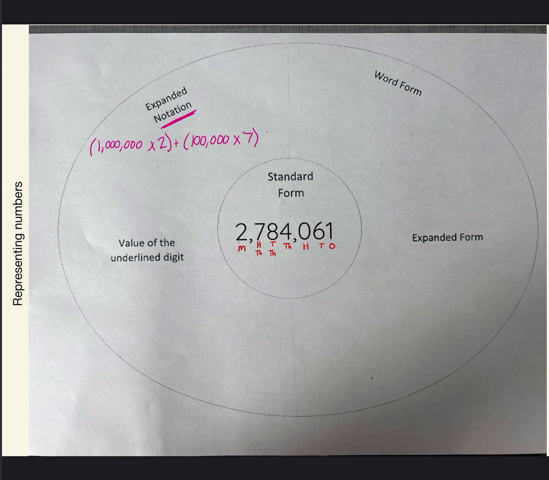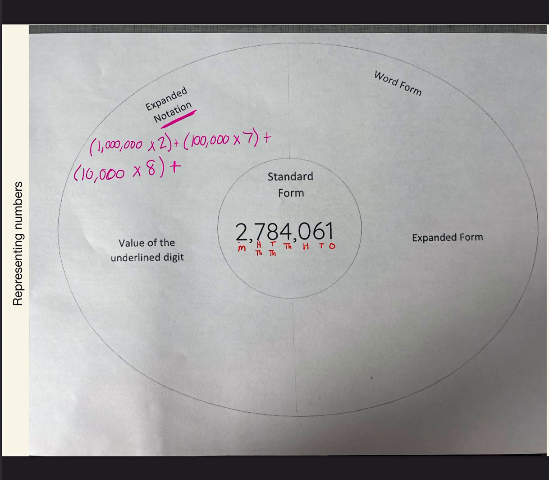All right, now I'm in my 10,000 spot, and I see that it's an 8. But that 8 doesn't represent an 8, it represents 80,000. So to get my 10,000 to 80,000, I would have to multiply it by 8.